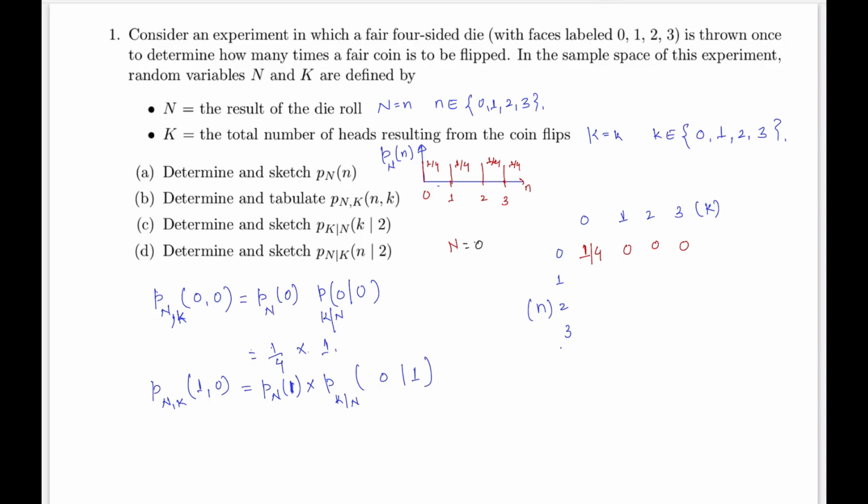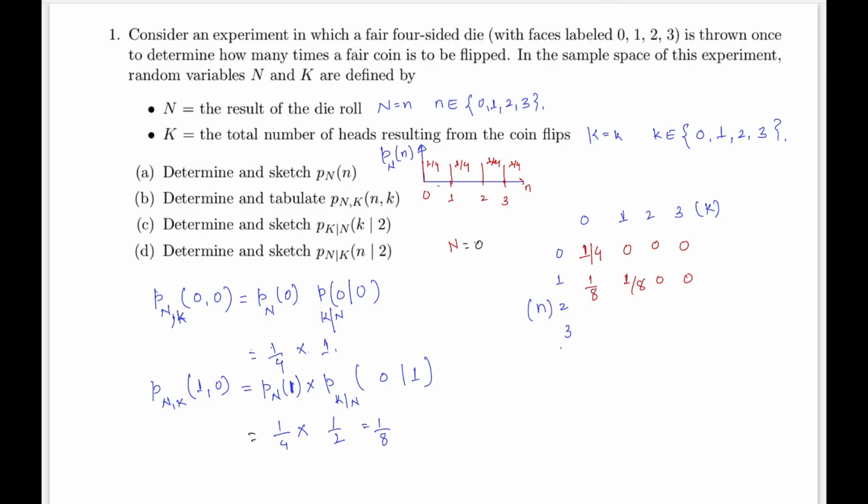So getting n equal to 1, that will have the probability 1 divided by 4. You are flipping a coin once, you will get 0 number of heads, that means you are getting the tail with the probability 1 divided by 2, right? So there it will be 1 divided by 8, so this probability will be 1 divided by 8. Similarly you can find this probability will be 1 divided by 8 and these will be 0.